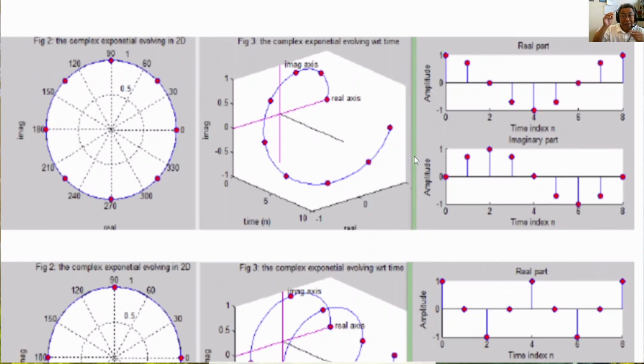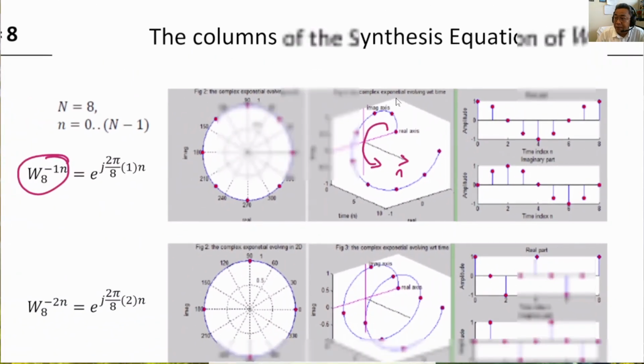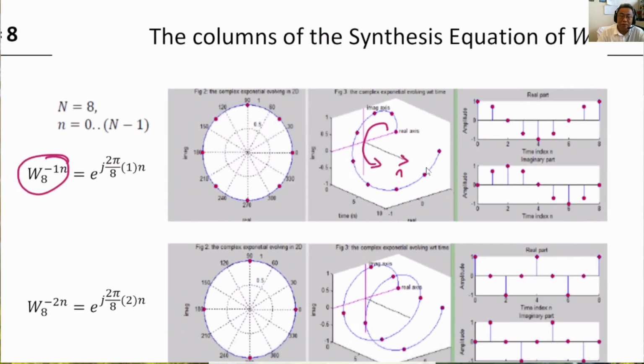It is a magnitude 1 complex exponential rotating in the anti-clockwise direction as n goes from 0 to 7. So let's count the points: x0, x1, x2, x3, x4, x5, x6, x7, and then x8 will go back to the same point here. So you can see this in 3 dimensions. It is very nice. And of course in 2 dimensions, it is just sitting on the complex plane. Over here, we are plotting the real versus the imaginary across time.